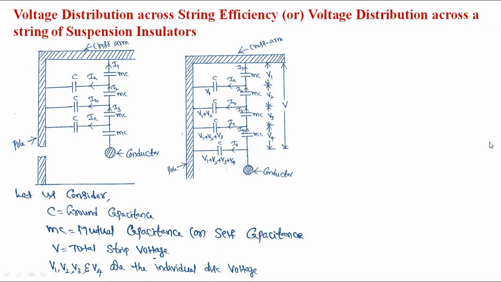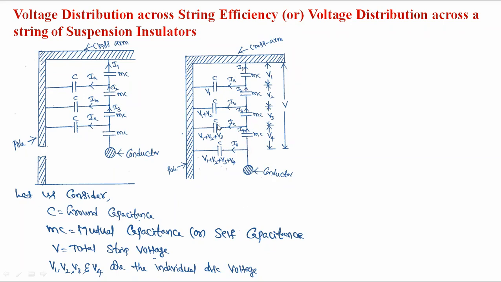Here we have taken as the example 4 insulators connected in series, which represent the string. V means the total voltage of the string, that is, how much voltage is considered across the 4 insulators. And the individual disk voltage or individual insulator voltage is represented by V1, V2, V3, and V4.